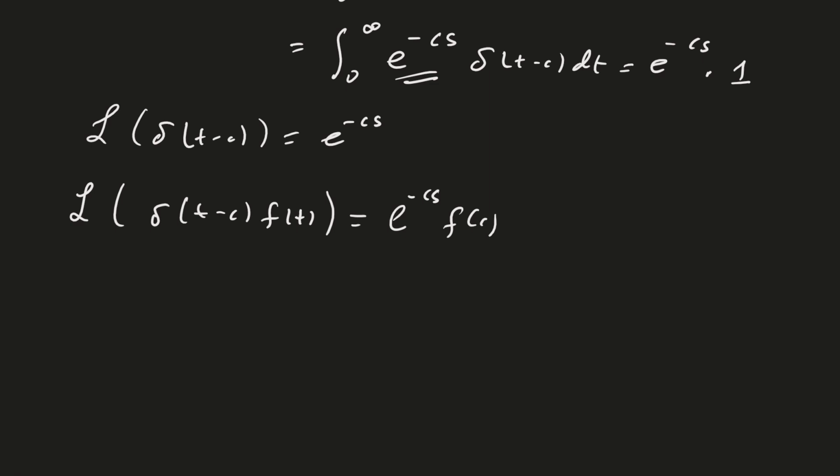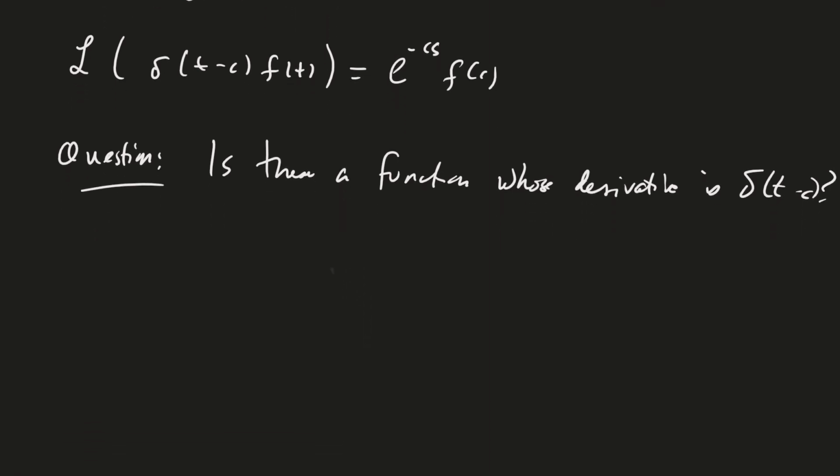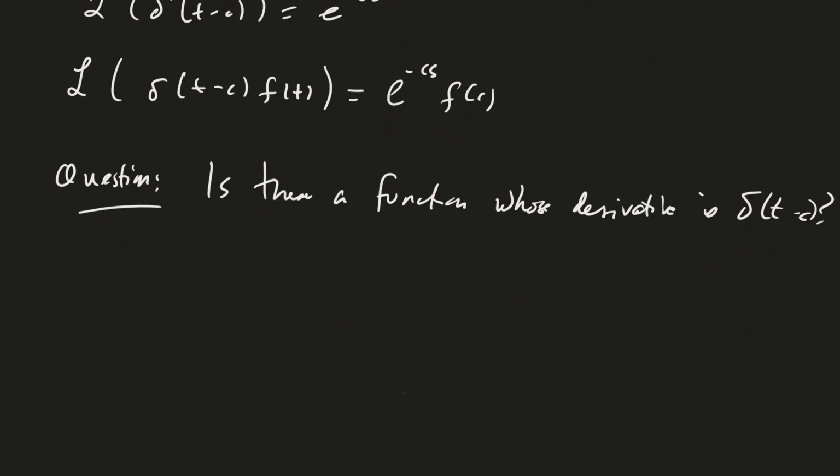And let's see, big question. Is there a function whose derivative is the Heaviside function? What would that mean? Well, that would say that y prime of t is equal to the Dirac delta function. Right?